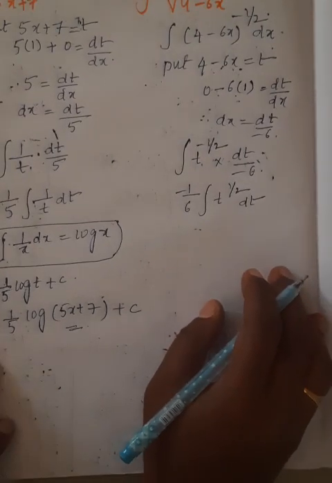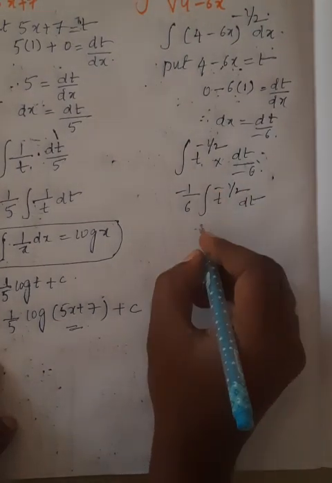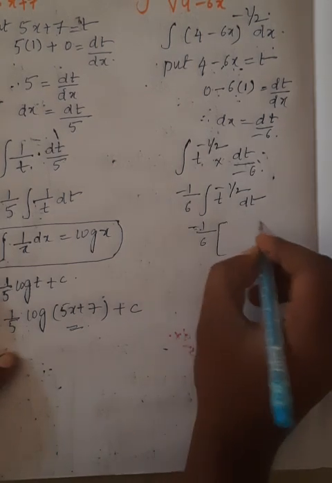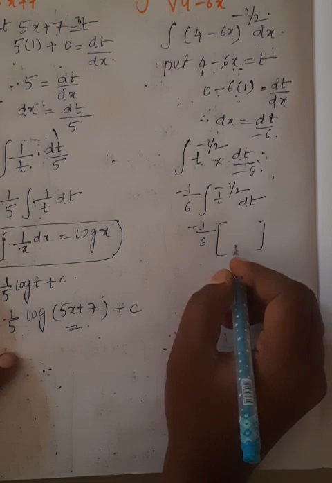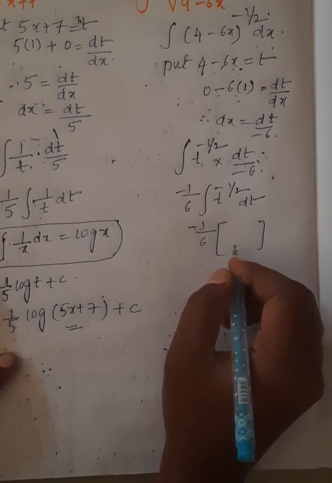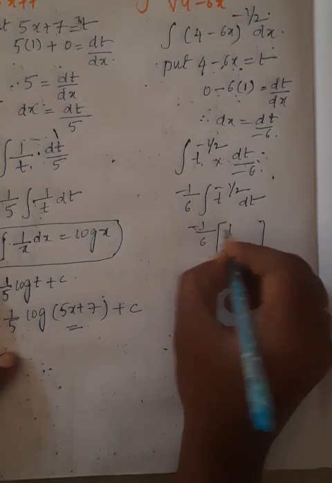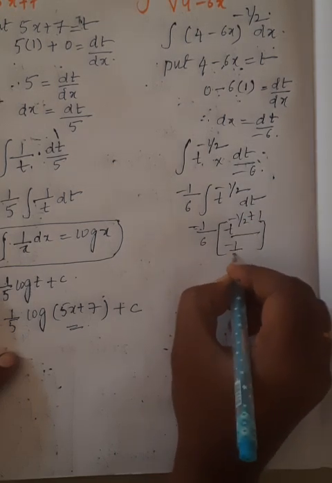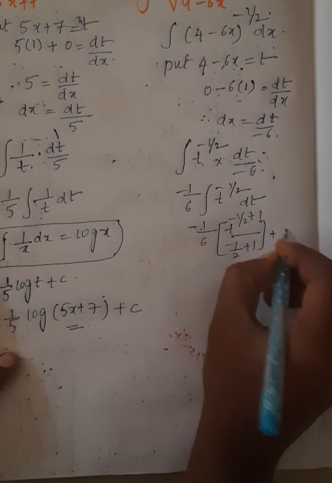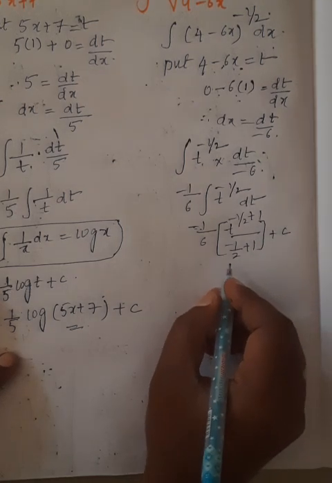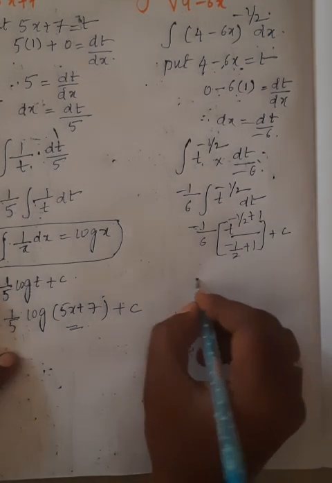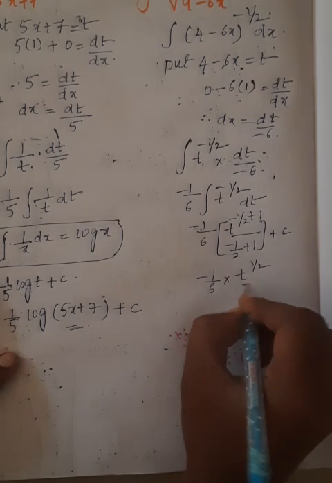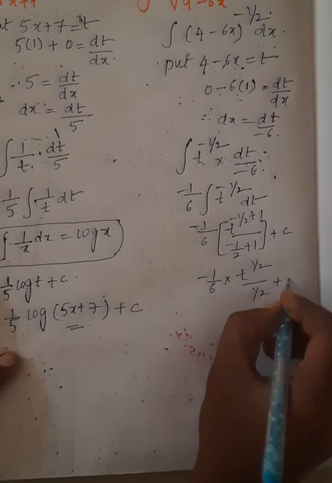Minus 1 by 6 into, here we have to use one standard result, integration of x power n into dx. So here t power minus 1 by 2 plus 1 by minus 1 by 2 plus 1, plus c. So 1 minus half will become half. Therefore minus 1 by 6 into t power half by half plus c.